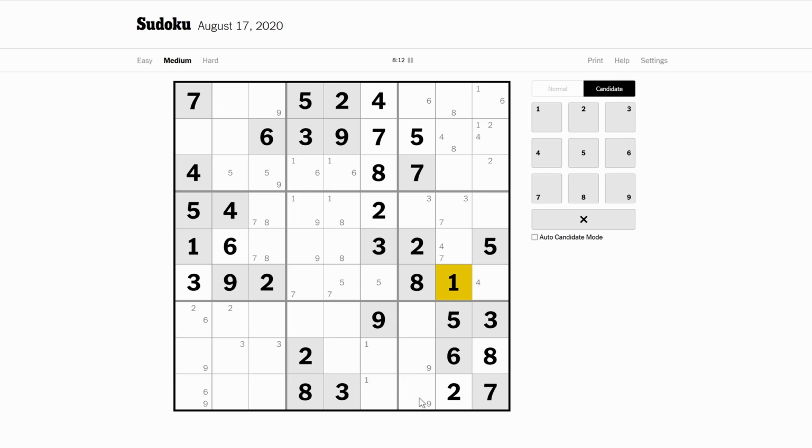So these are 1s. 1, 1, 4, and 9. No use to us. 1s, 2s. So today's medium seems to be trickier than normal.